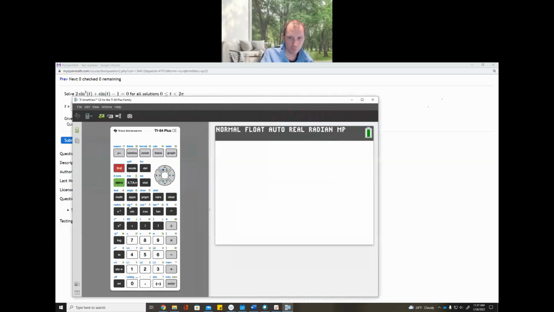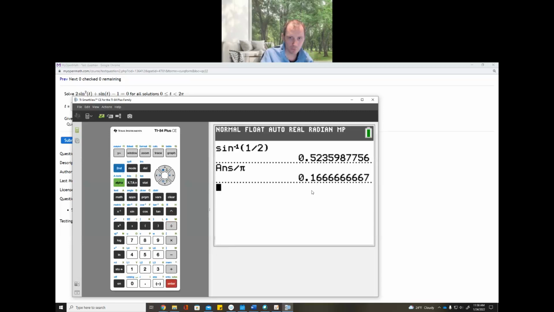I'm going to use my calculator. Sine inverse of 1/2, I'm in radians. It spits out a terrible decimal. I'm like, oh man. Here's the thing: I have a good feeling that this is going to be some fraction of pi. So if I divide out the pi, then I get a fraction of pi. You might recognize that fraction, or you can hit convert and say, oh, that's 1/6 pi.